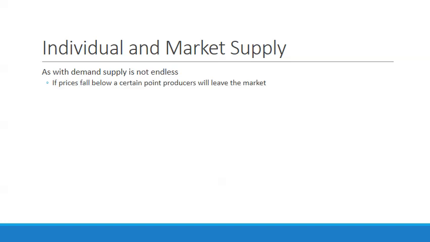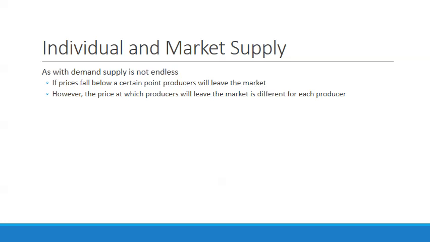Also, like demand, you'll notice that supply has individual and market supply. So as with demand, supply is not endless. Let's look at why. Supply is not endless because if prices fall below a certain point, producers will leave the market. Like you just saw a second ago, at 50 cents, nobody was willing to produce, so that was the end of that. However, the price at which producers will leave the market is different for each producer.